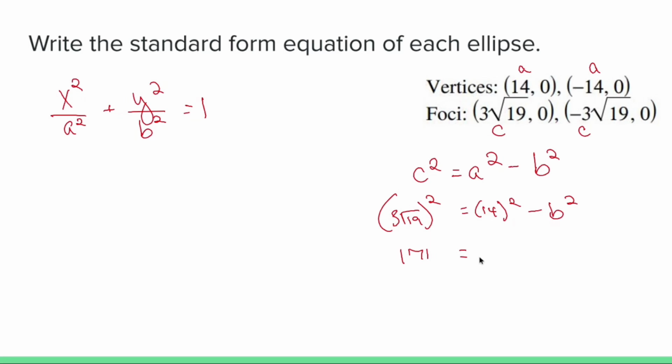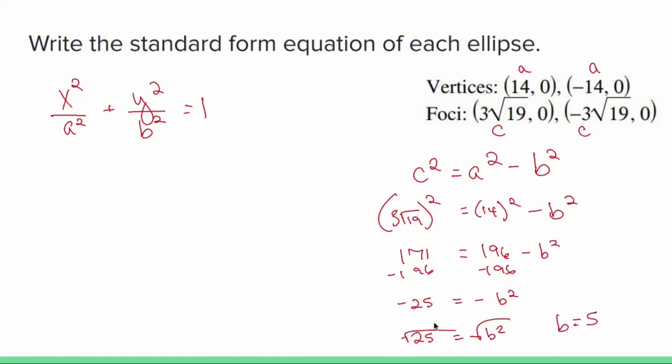That equals 196 minus b squared. Subtract 196, subtract 196, and you get negative 25 equals negative b squared. Okay, divide both sides by a negative. 25 equals b squared means b equals 5.